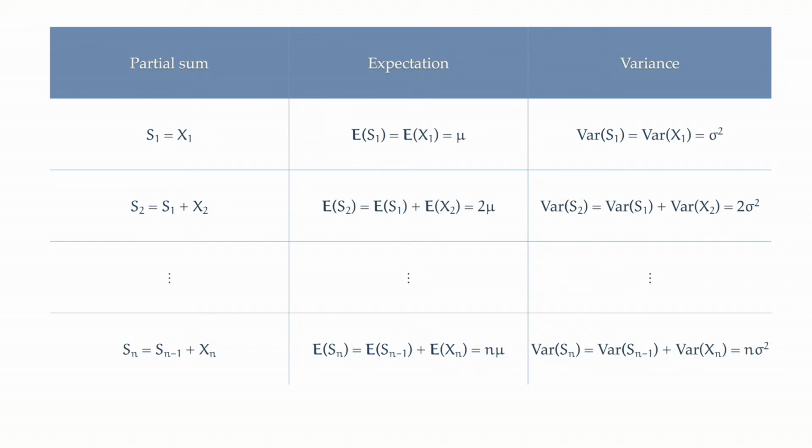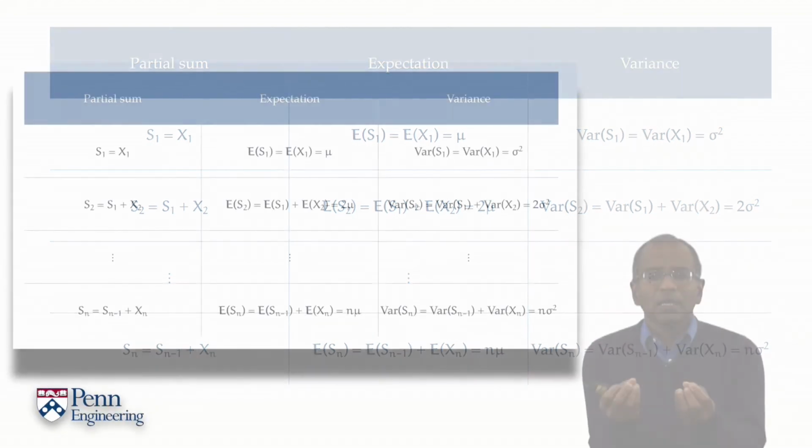Beautiful. Additivity has managed to wrap up and put in a very compact package both the expectation and the variance of these partial sums. The density of the partial sums is a much more complex affair. No matter. The expectation and the variance leverage additivity, and we've got these beautiful compact expressions.